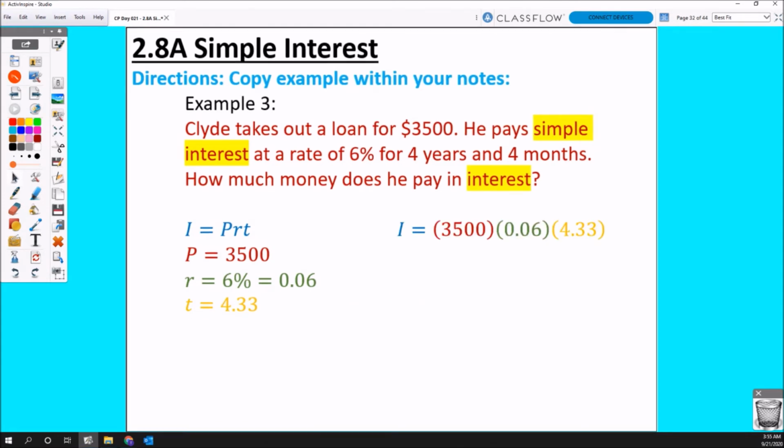Now, once you identify PRT, you're just going to set up the work to determine the value of I, the value of interest. So the first thing we're going to do is 3,500 times 0.06.